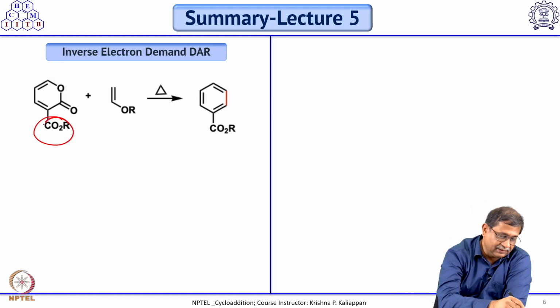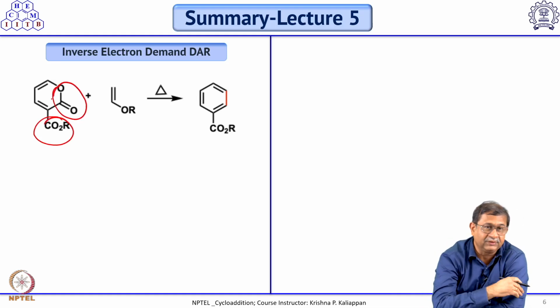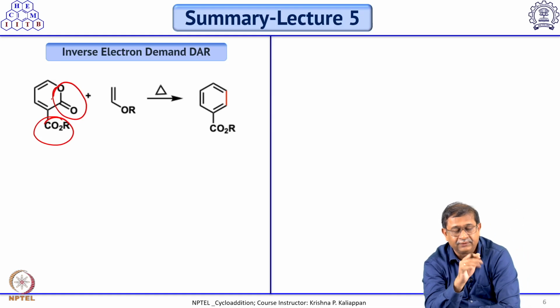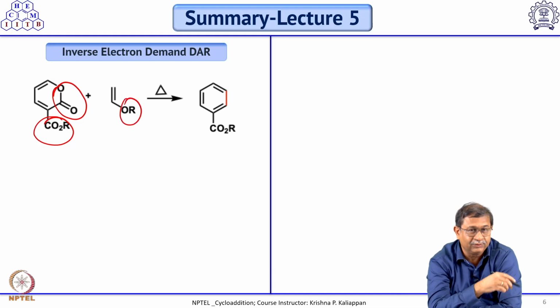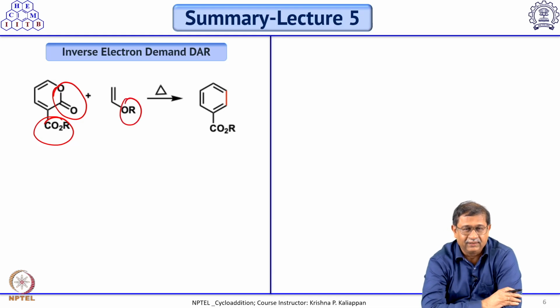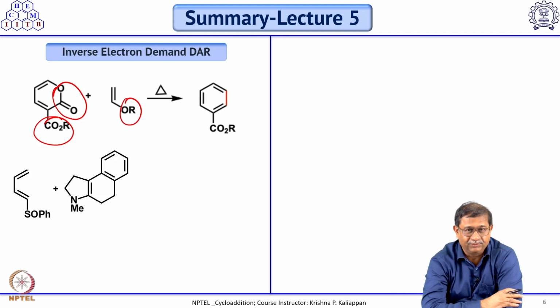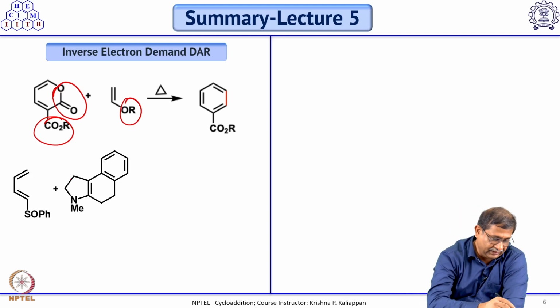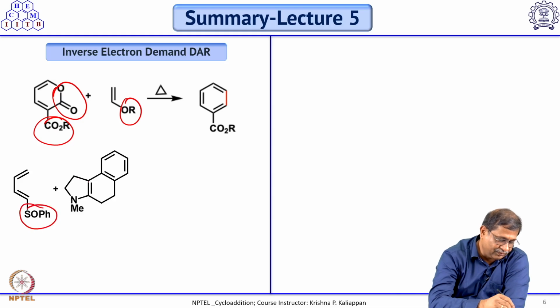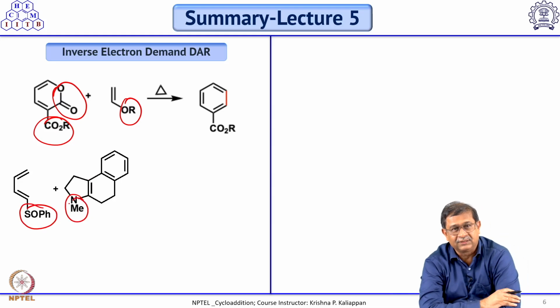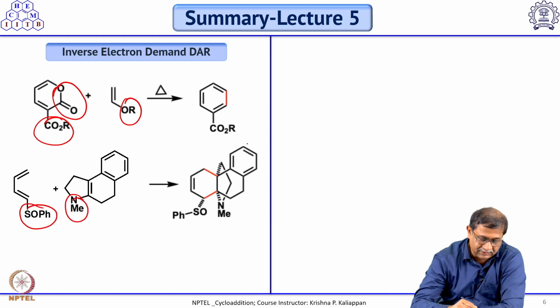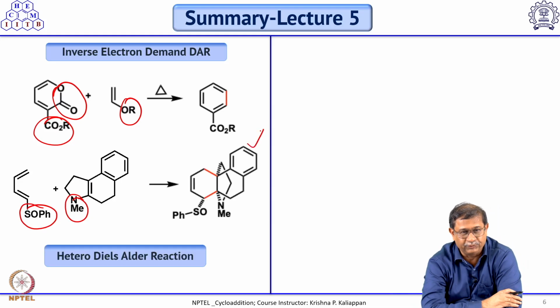As you can see, there are 2 electron withdrawing groups attached to the diene and 1 electron donating group attached to the dienophile, and we discussed how this inverse electron demand Diels-Alder reaction works, with a few examples. And here also you can see there is a sulfoxide which is electron withdrawing, whereas here you have an enamine which is the dienophile, and that gives this interesting tetracyclic compound.